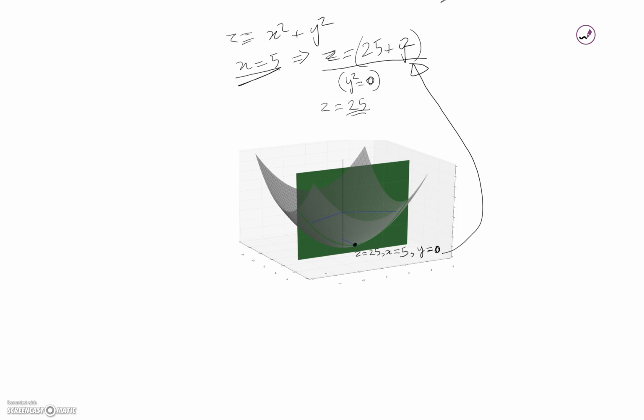In order to minimize z, y has to be 0, because if it's any larger than that, it can only add to z. Because it's a square, it can't take anything away from it.